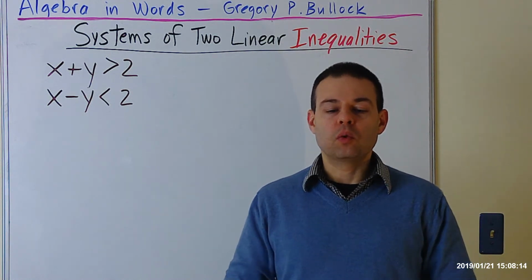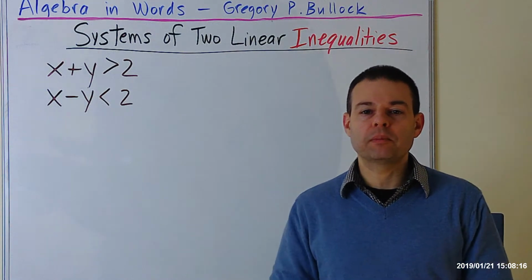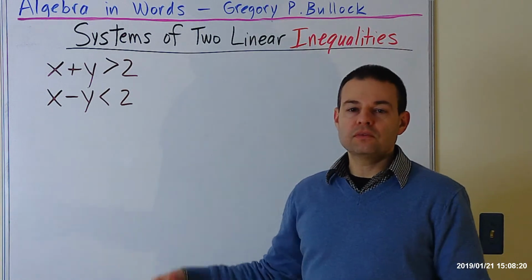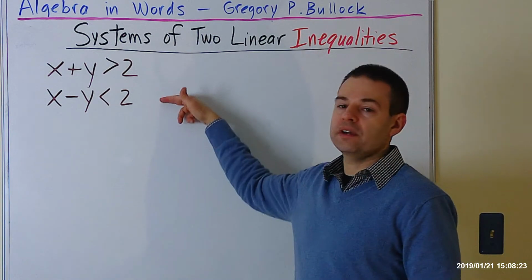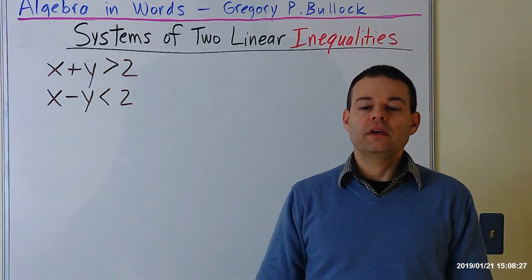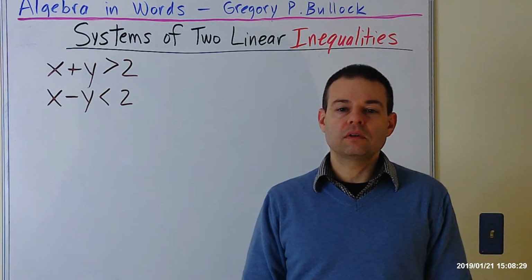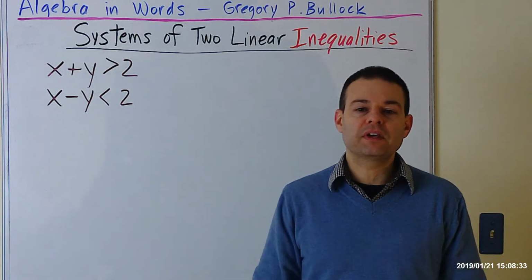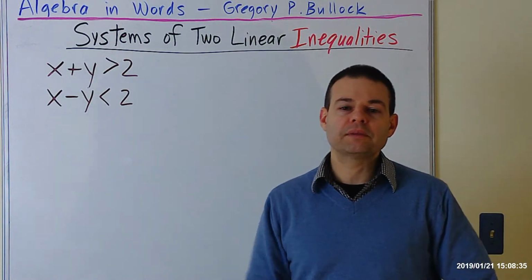I have a sample problem up, which we're going to do shortly. You could have two inequalities, which are here. In this video, we're going to look at two inequalities. In a few later videos, I'll go over systems with more than two, maybe three, maybe even up to five. It could be as many as you want.